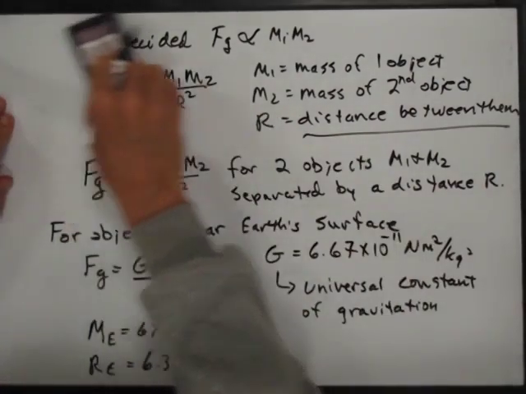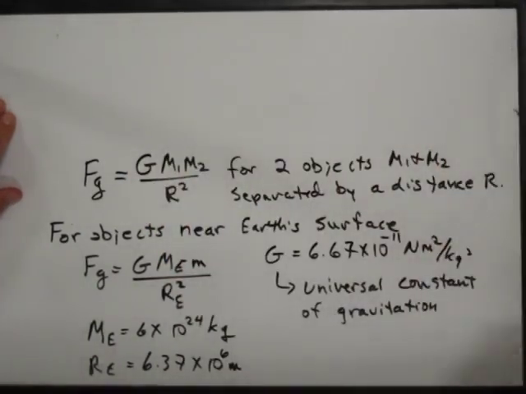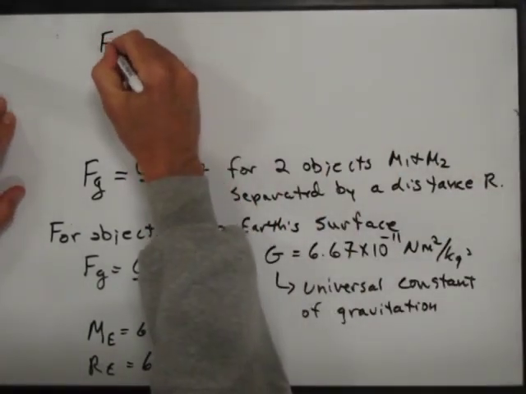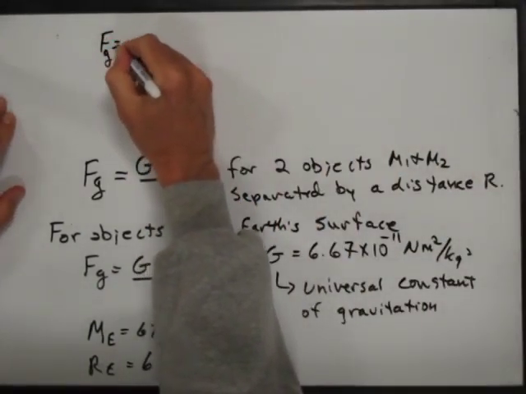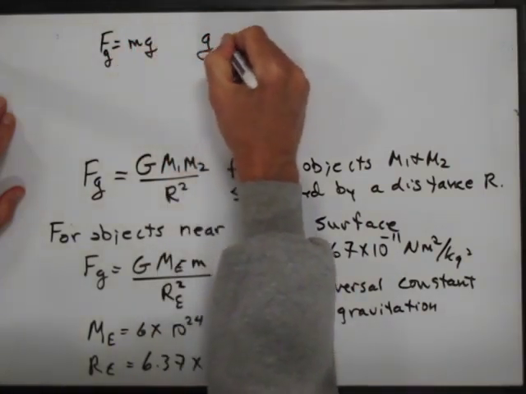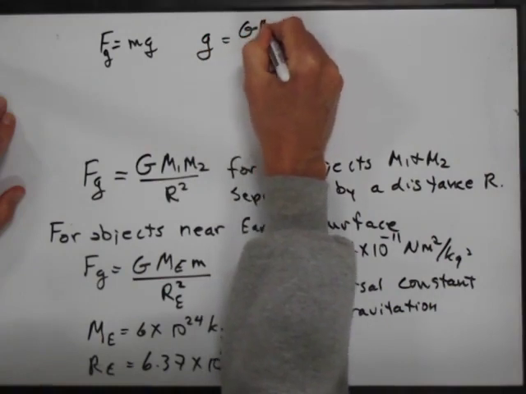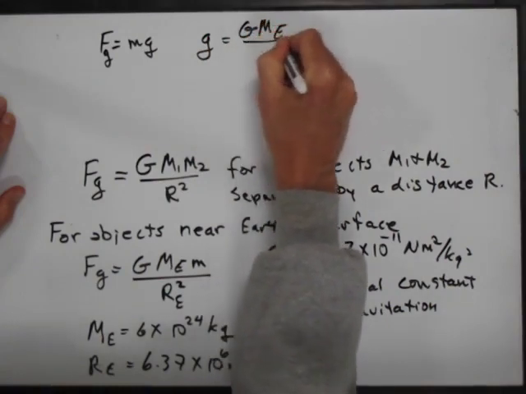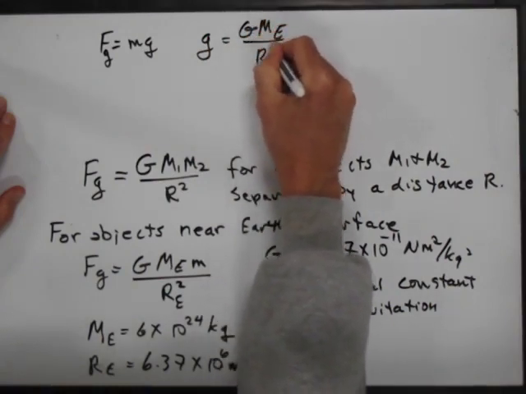So let me go up to the top here for a second and say, look, the force of gravity, we've already said, is equal to mg. And that means g must equal big G times the mass of the Earth over the radius of the Earth squared.